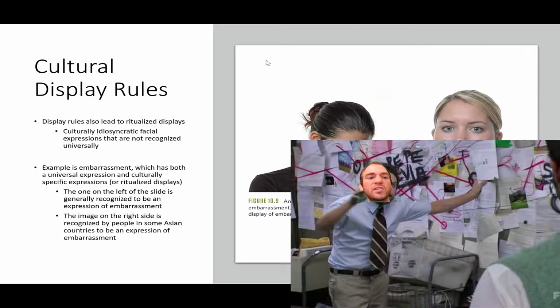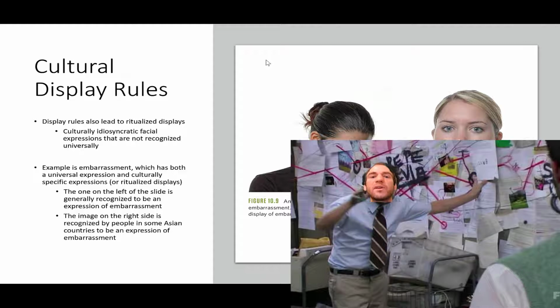Display rules also lead to ritualized displays, which are culturally idiosyncratic facial expressions that are not recognized universally. An example is embarrassment, which has both a universal expression and culturally specific expressions. The one on the left of the slide is generally recognized to be an expression of embarrassment, and the image on the right side is recognized by people in some Asian countries to be an expression of embarrassment.